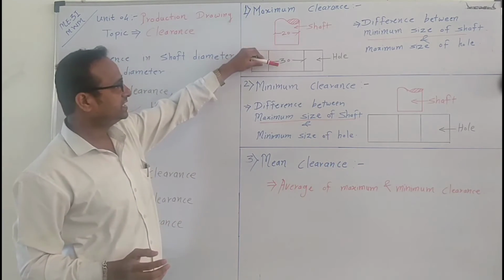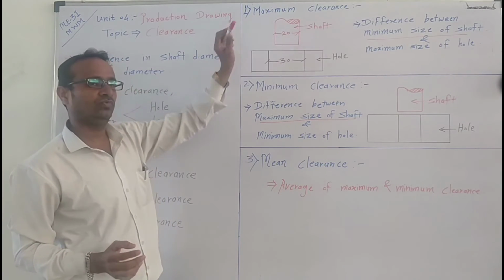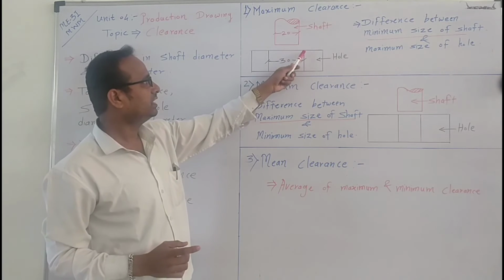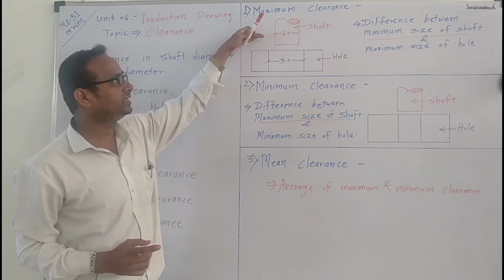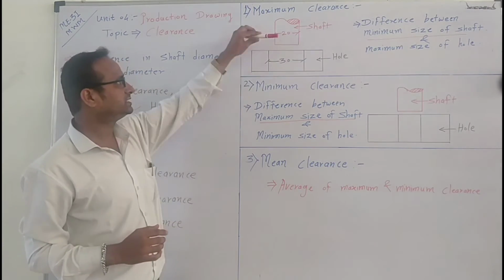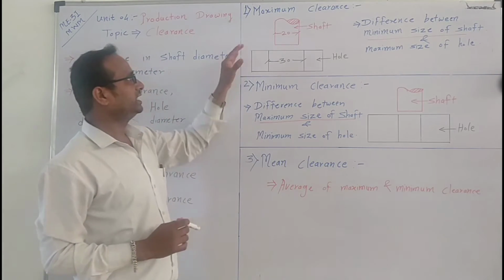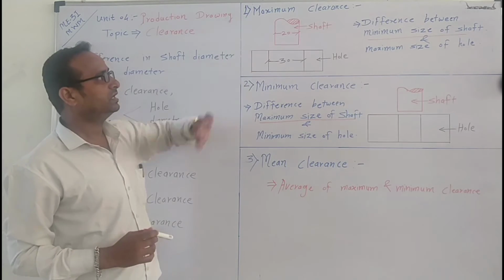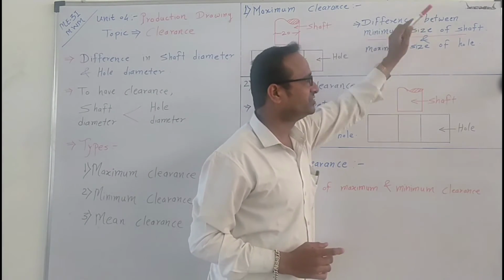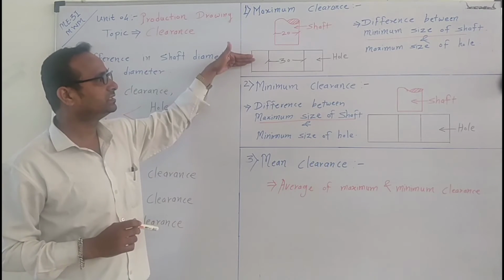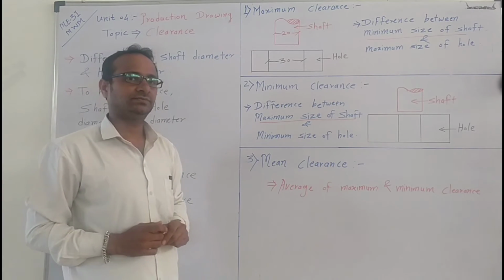It means the shaft is going to fit in this hole, but there is a clearance of 10 mm, 30 minus 20, that is 10 mm. This side 5 and this side 5 mm. In this particular clearance, the minimum size of shaft is a requirement, minimum size of shaft than the hole size.